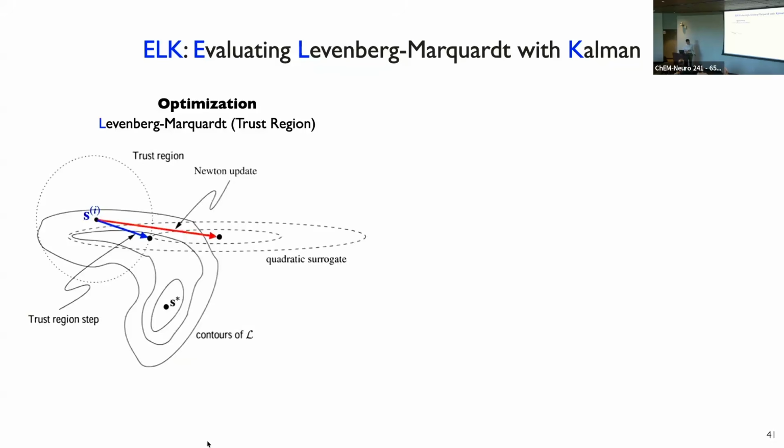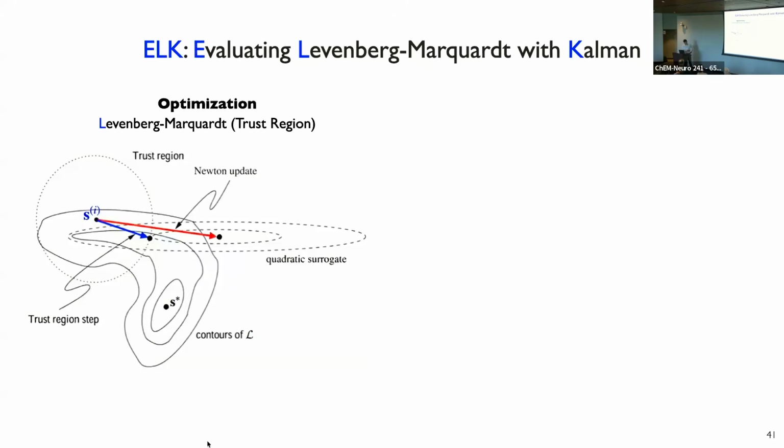So we'll start with optimization. This is the Levenberg-Marquardt method. And again, we're trying to optimize some sort of landscape. We're trying to get to our minimizer S star. And we're currently at our point S_i, that's our guess after iteration i. If we take the undamped Newton or DEER update in red, we might go way too far. We might be unstable and go in the wrong direction.